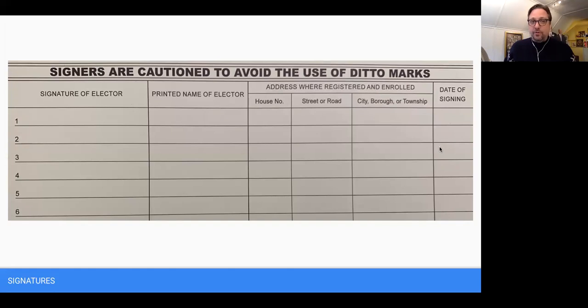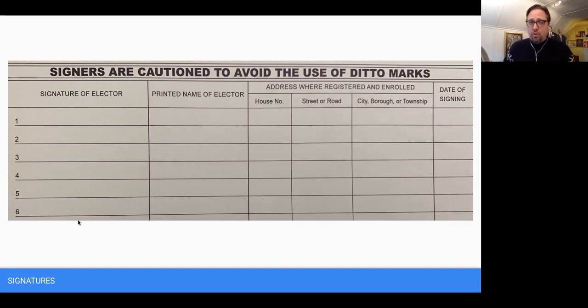So again, if you catch somebody putting ditto marks down because they're in the same city, borough, or township as everybody else on your petition, or because they're signing on the same date as everybody else on your petition, you're going to need to stop them. Again, I would encourage you just to scratch out the entire line and have them rewrite their name, re-sign, reprint, and redo their address and date of signing on the next line down.